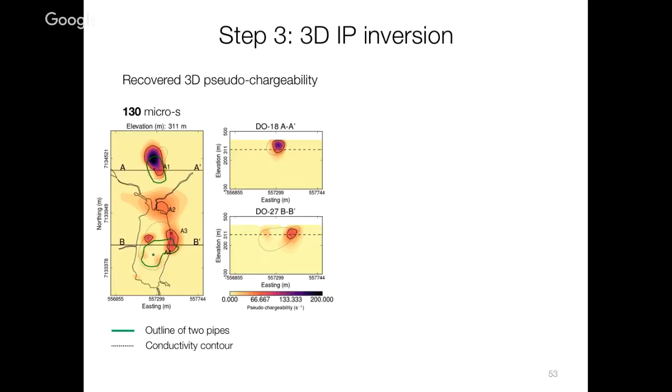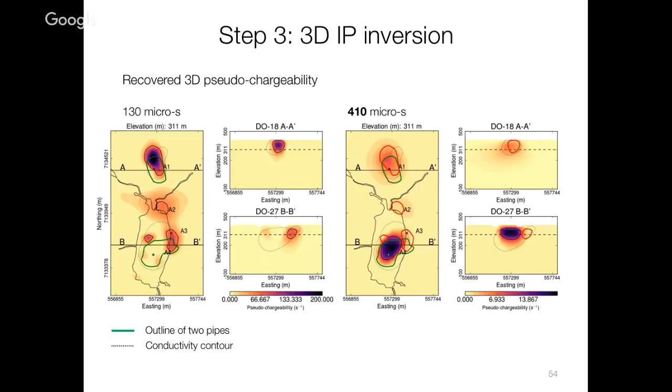In cross section, it looks like that. If we do the same at a later time, at 410 microseconds, look how everything has changed. What we've seen up here is getting smaller amplitude, and A4 down here is getting immense.